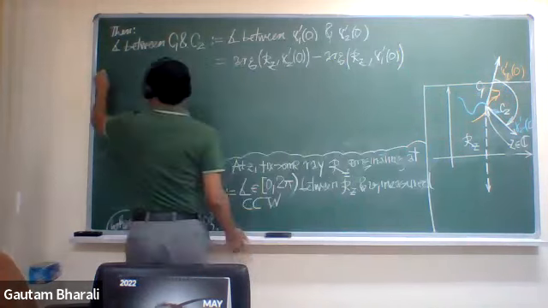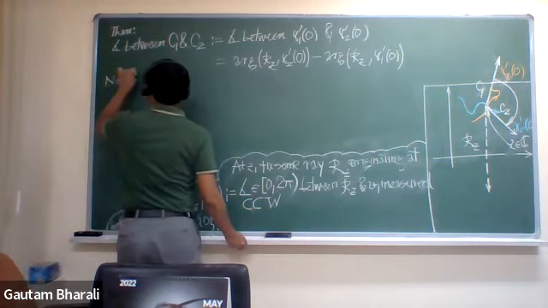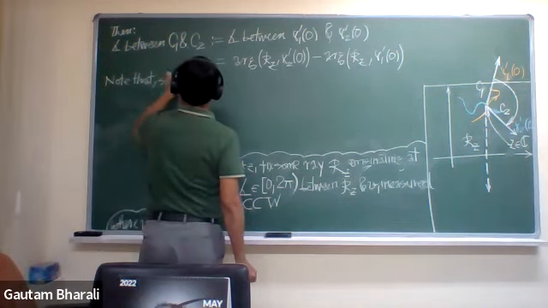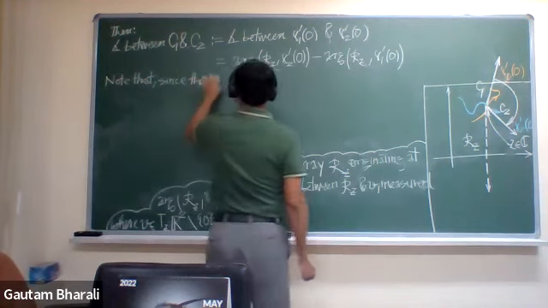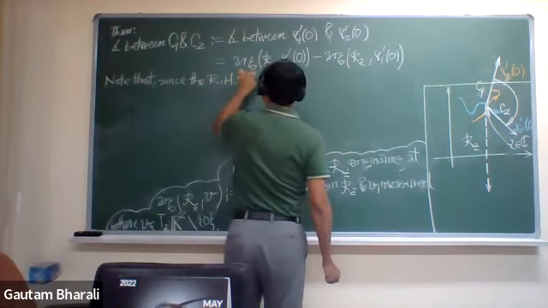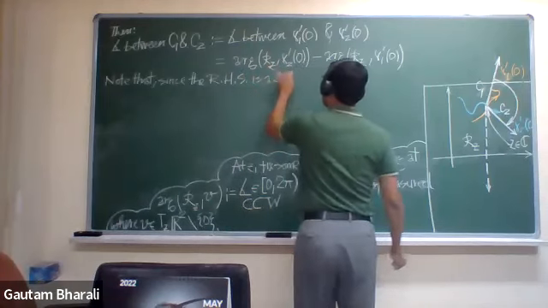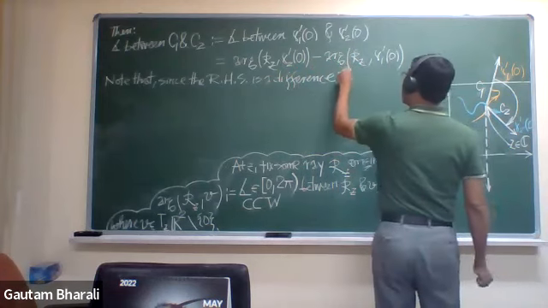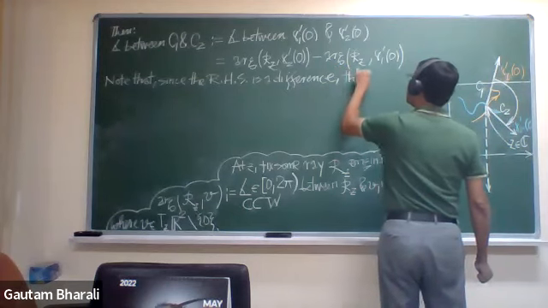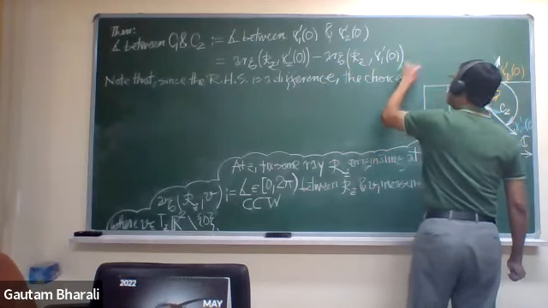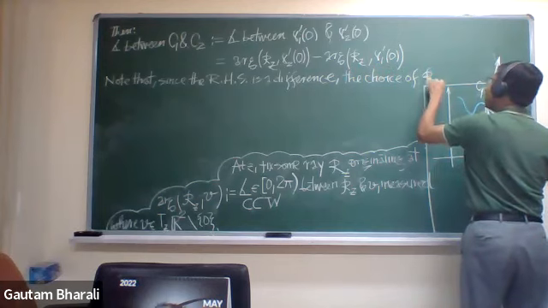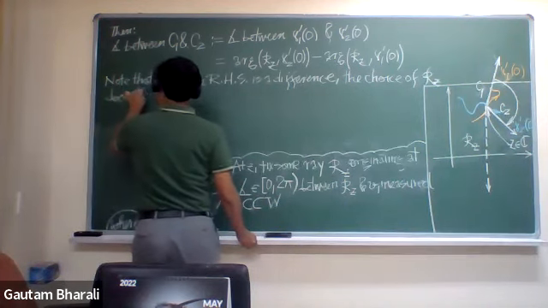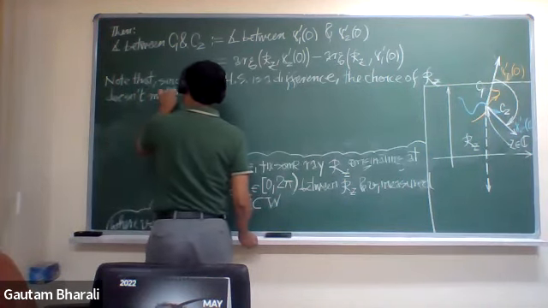And I want to just make one final assertion. Note that since the RHS is a difference, the choice of this reference ray R sub z doesn't matter. Right?